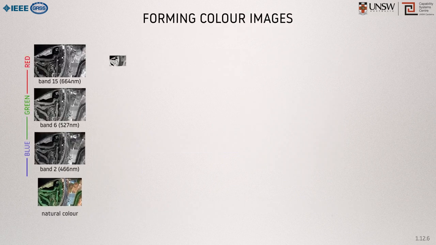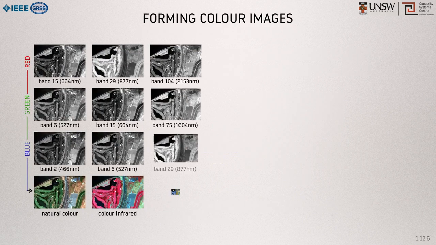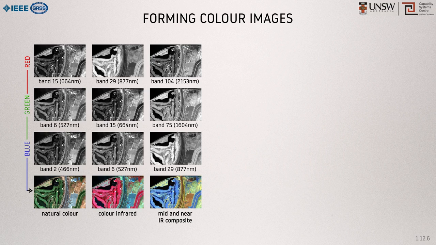We illustrate in this slide 3 different colour images formed from different band combinations using data recorded by the HyMap hyperspectral sensor. Remember, you have to choose which bands to display in each of the red, green and blue colour primaries.